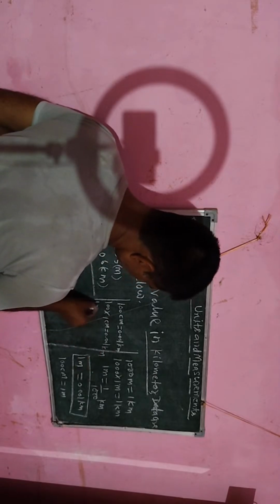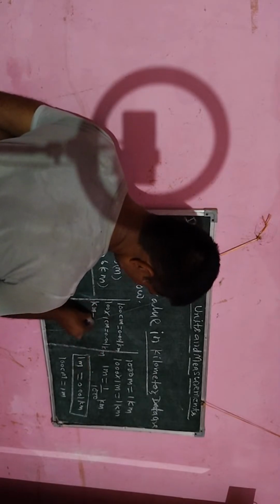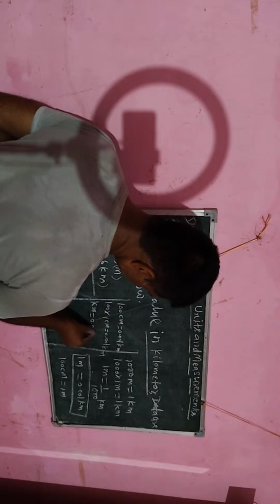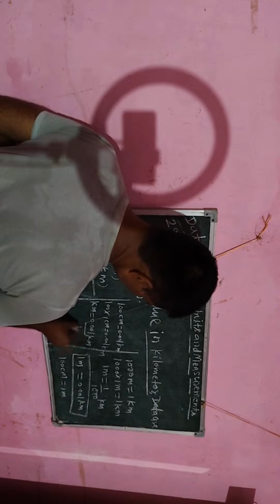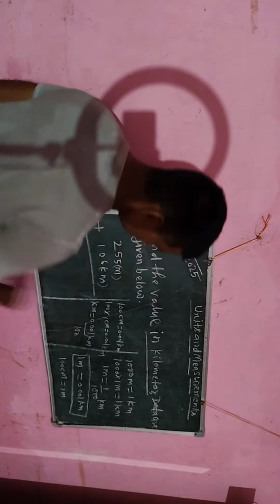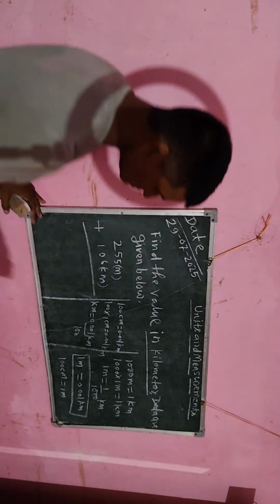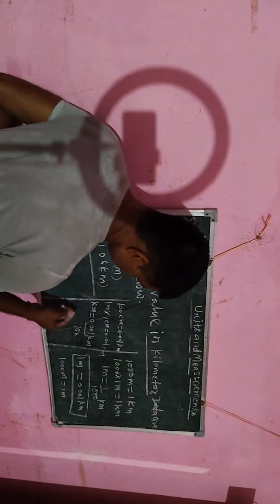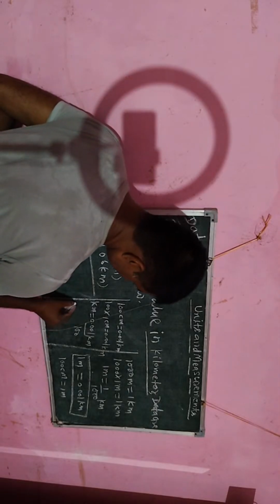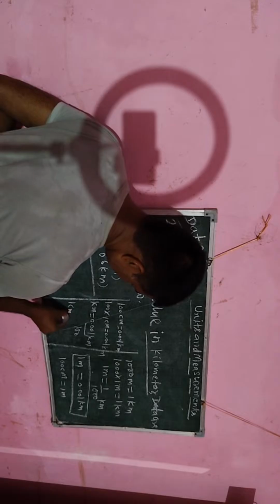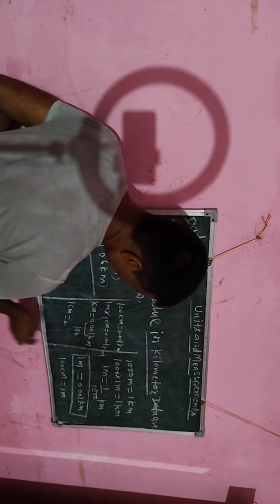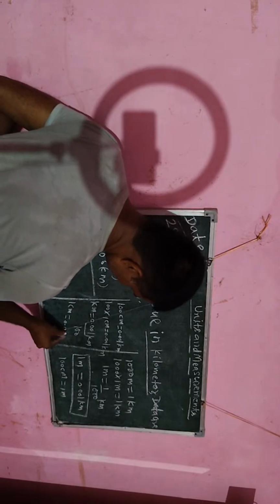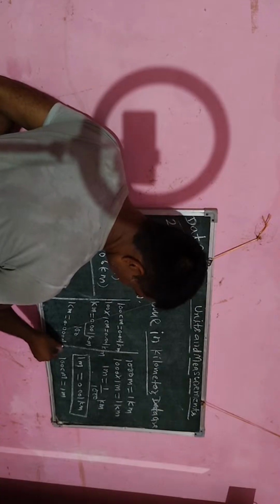Now again 1 centimeter is equal to 0.001 kilometer divided by 100. Again it will have two zeros left. So 1 centimeter is equal to 0.00001 kilometer.